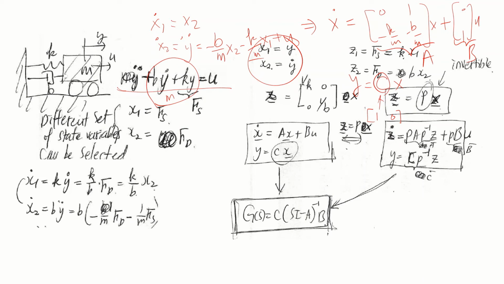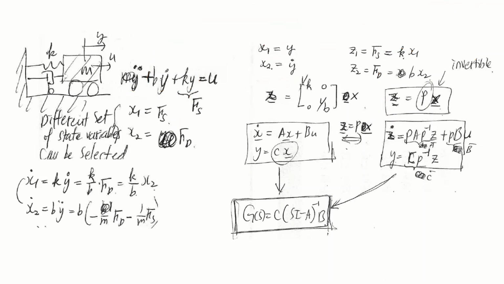Okay, so this is one choice. But suppose you have a different choice of state vector. For example, you want to define the first state variable as spring force. I mean, this is not a popular choice of state vector in this situation.